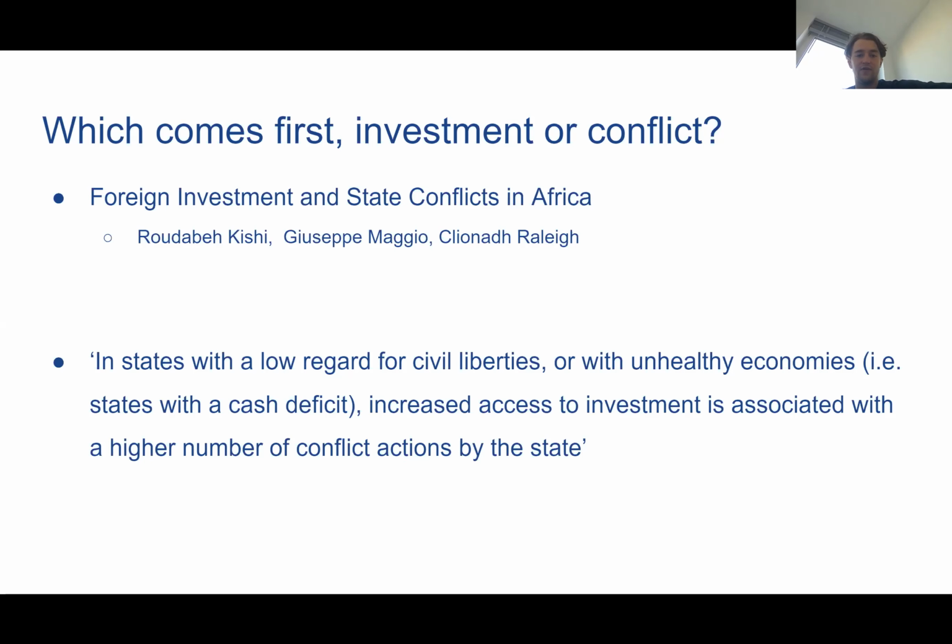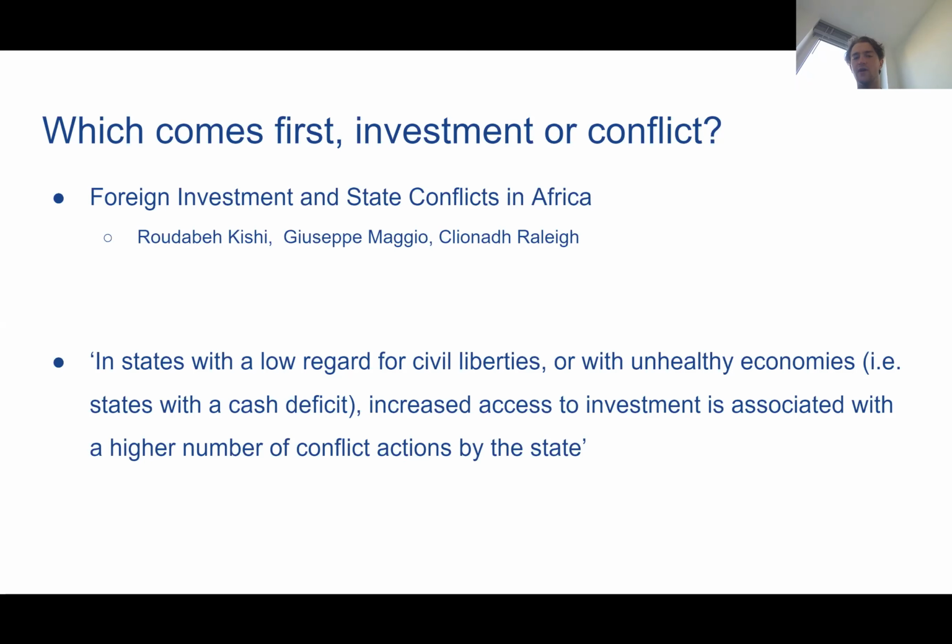One paper we found when researching found that in states with a low regard for civil liberties or with unhealthy economies, increased access to investment is associated with a high number of conflict actions by the state. So a state that is receiving FDI then wants to secure this investment and really locks down on its investment and tries to securitize it through conflict, through repression of militia.